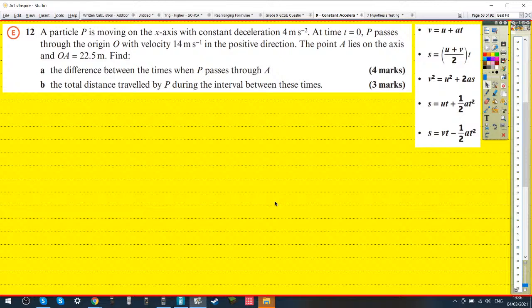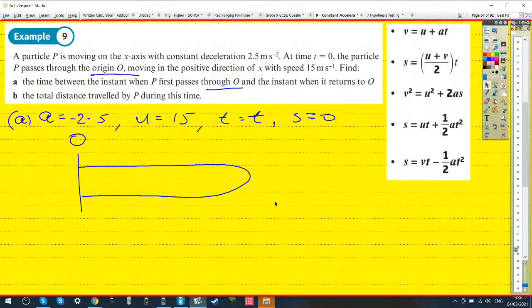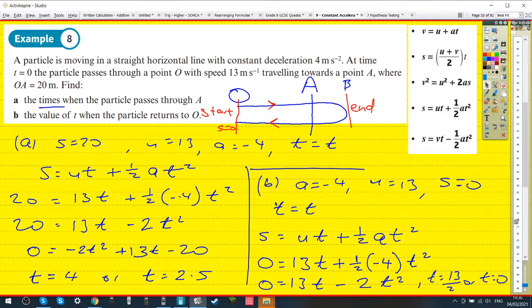The difference between the times when P passes through A. So the difference between the times. What's the difference between the times when P passes through A for this one? What do you mean, like, what's the difference between the times?